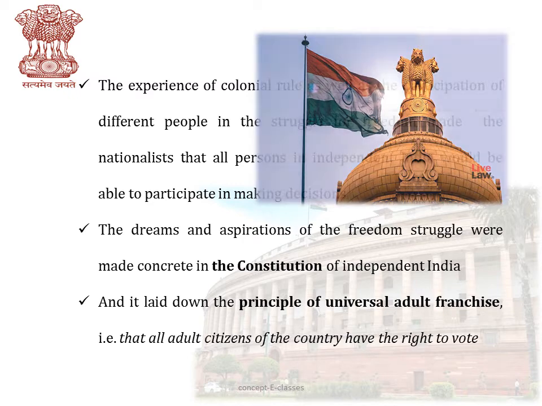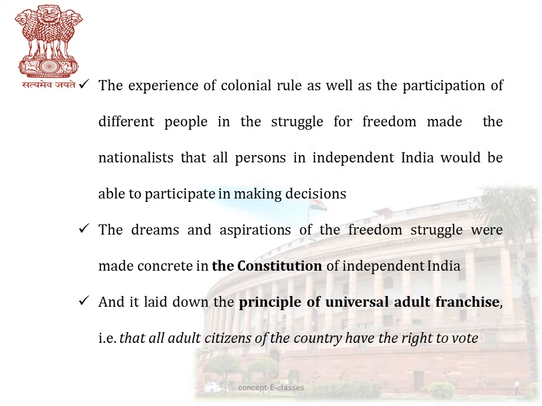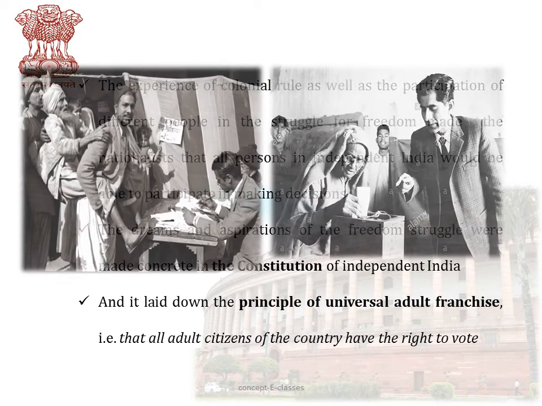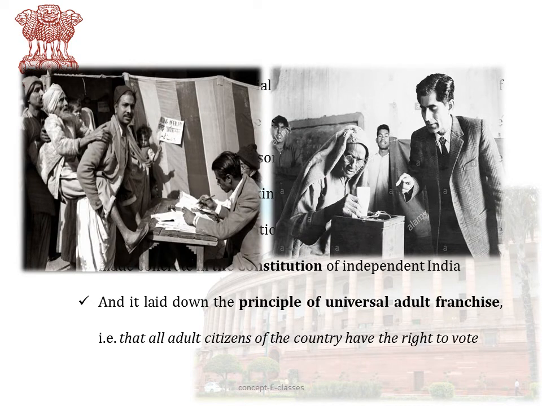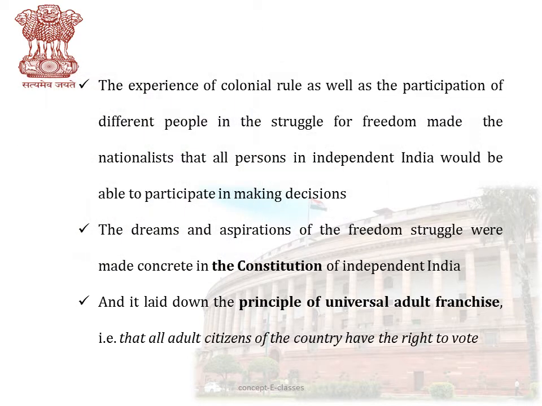To fulfill that purpose, the Constitution laid down the principle of universal adult franchise. We have studied about this in the first chapter. Now, what is the principle of universal adult franchise? All the citizens above the age of 18, regardless of their wealth, income, gender, social status, race, or any other restriction, have the right to vote.